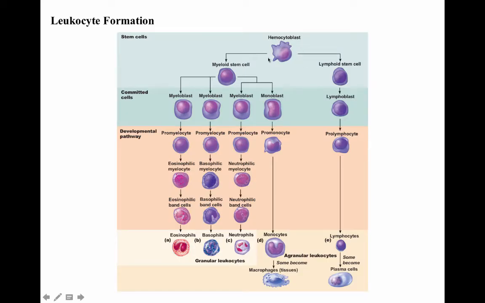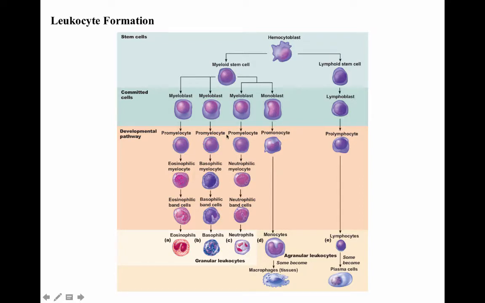Hemocytoblasts are the stem cells that we will see within the red bone marrow of our skeletal bone. Hemocytoblasts will have two major pathways to cellular creation, either myeloid stem cells or lymphoid.